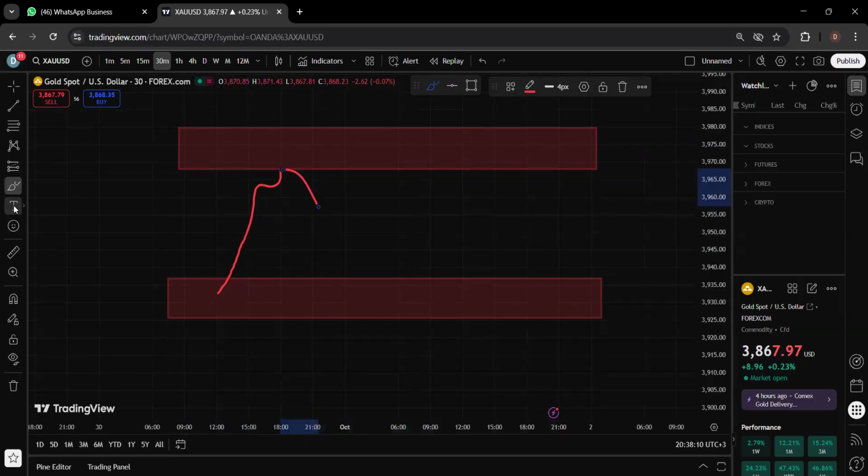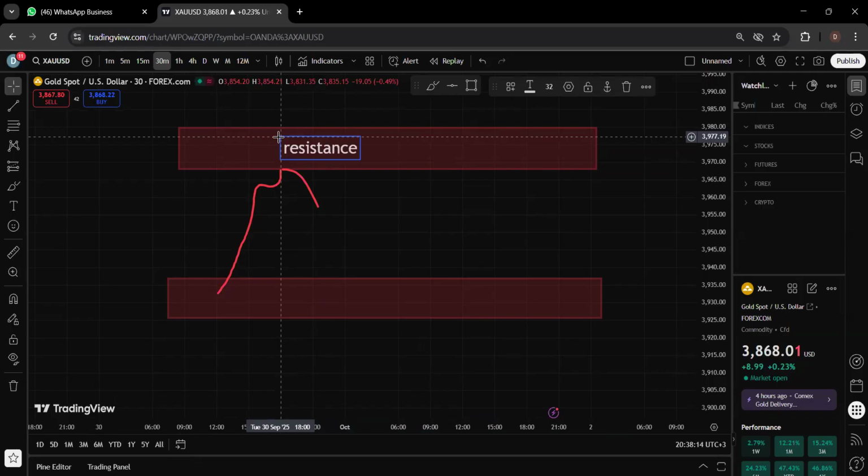Some people call this the resistance, or some people call it the demand. I will not talk about supply and demand, I don't want to confuse you. Some people call this the sell zone. If it's broken it will become a buy zone, I'll talk about that. So this is the sell zone, the resistance, and this is the support.